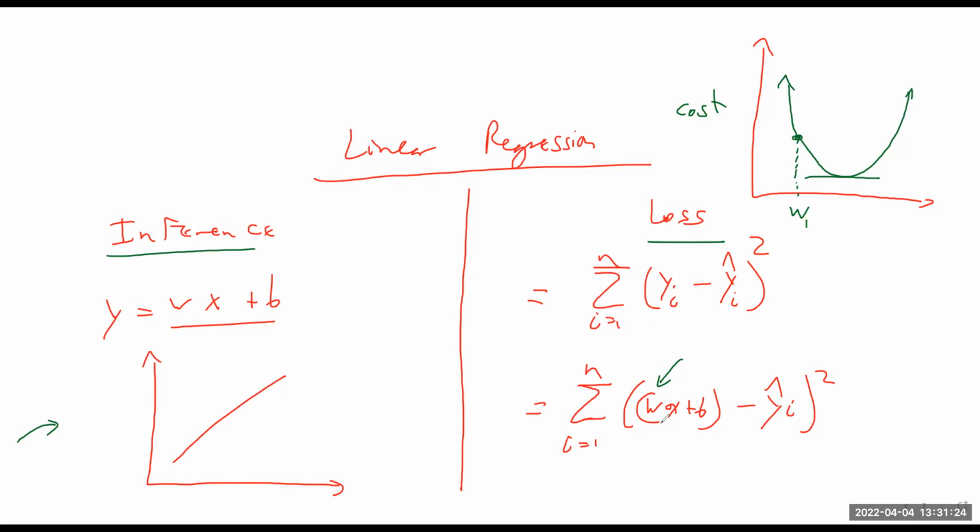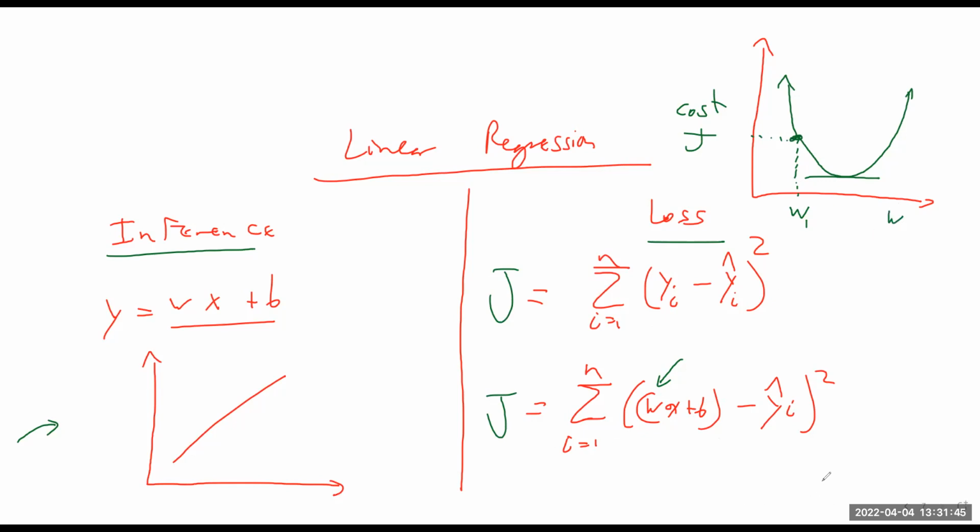So what does that mean? It means that if you change W, this changes, right? The result of this is usually denoted by a J, the cost, for this W.